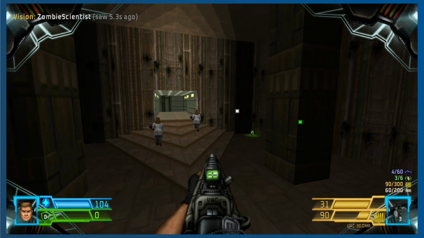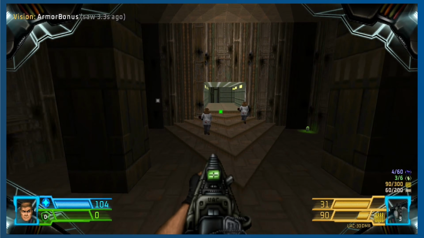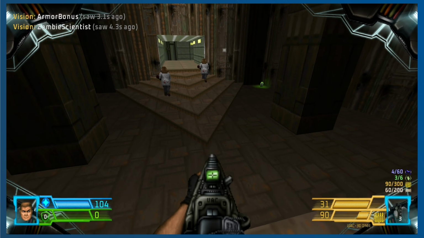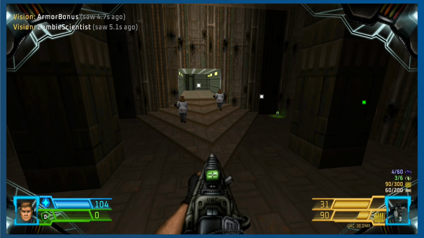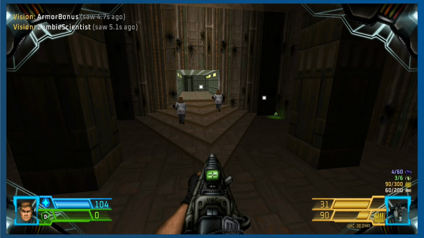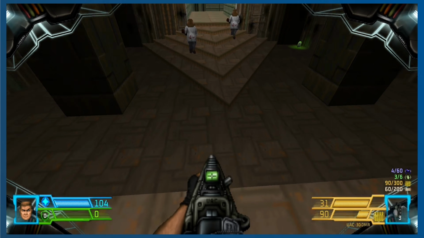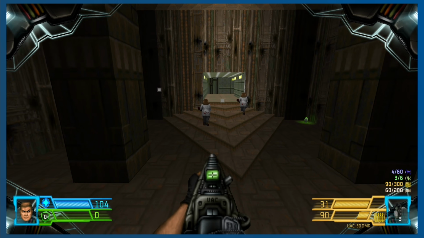Okay, so it's fully playable. These dots you see appearing show approximate positions where agents saw a particular object, like an armor bonus or zombie scientists and so on. It can also see if a body or enemy has some transition in form or shape.